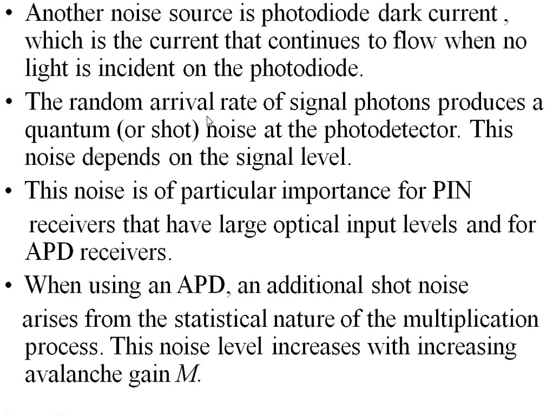The random arrival rate of signal photons produces quantum noise at the photodetector. This noise depends upon the signal level. This noise is of particular importance for PIN receivers that have large optical input levels and for APD receivers.